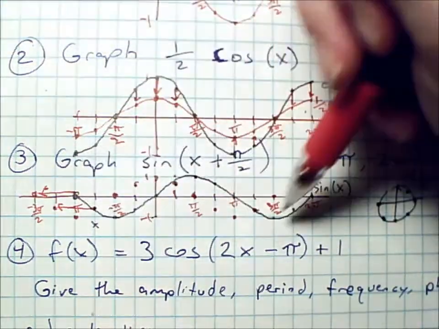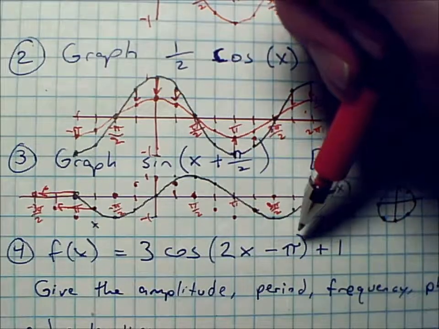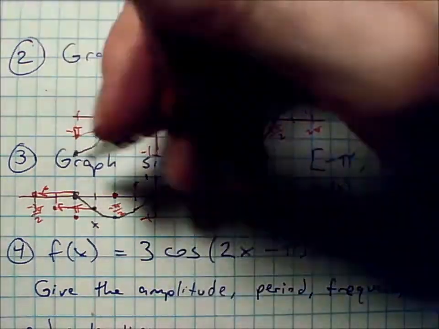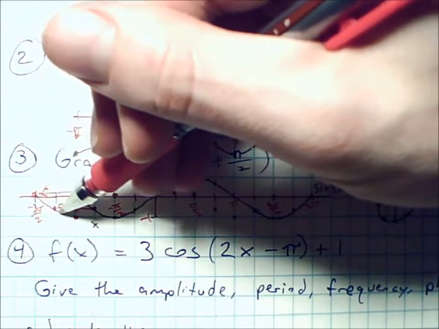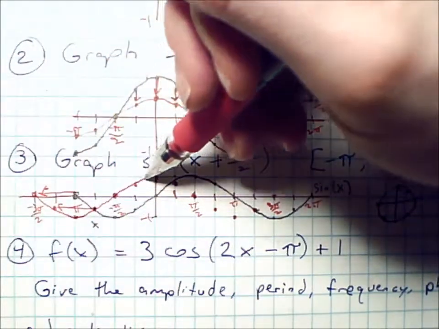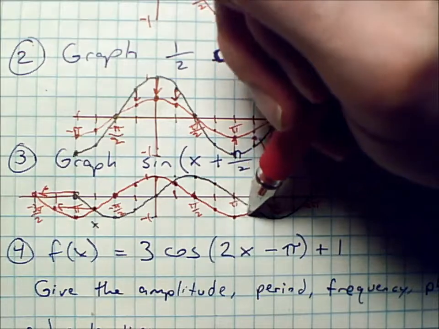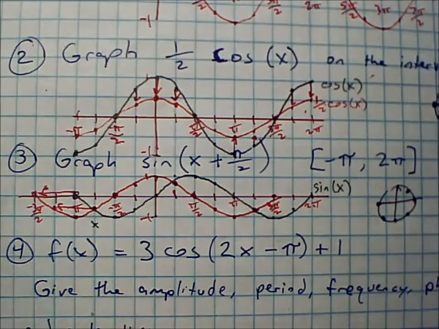So I took each point from the original graph, and then I moved it to the left by pi over 2. Now I'm going to connect my dots. And I get that.